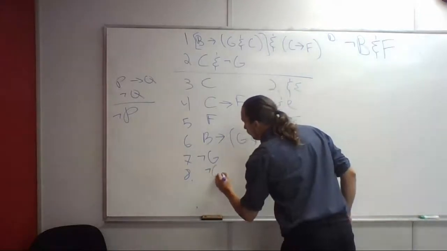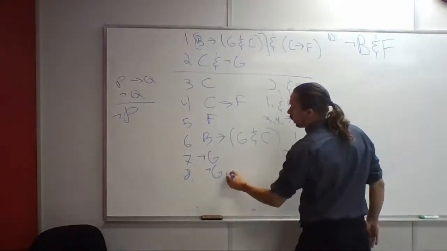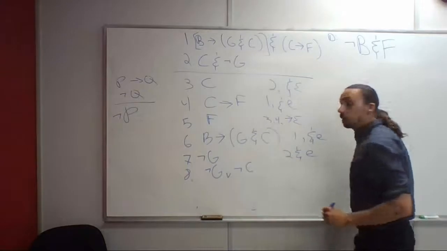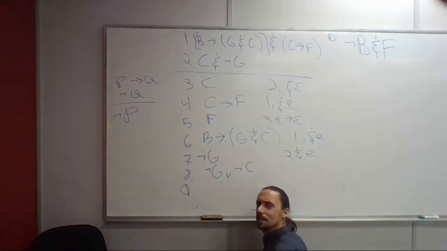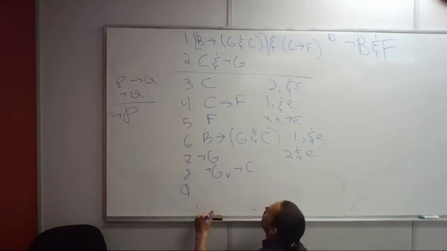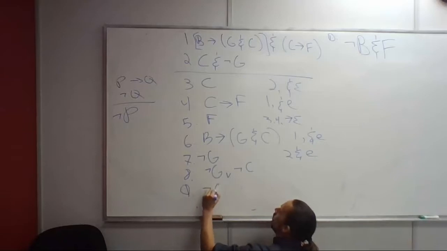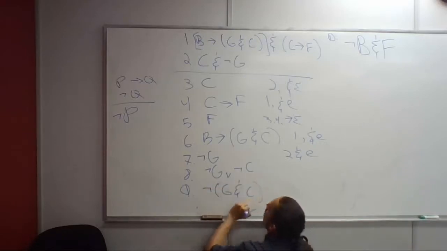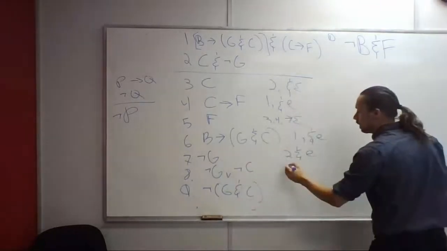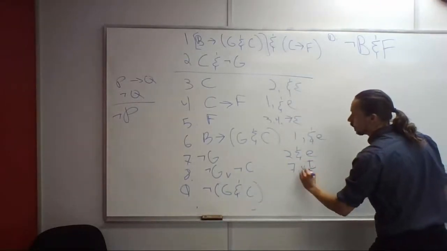So either not G or not C. Now if you remember De Morgan's law, what we have down here, is this actually less complicated than the conditional, than the negation? I don't know, doesn't matter. I get not the case that both G and C. So let's justify some of these rules here. This is 7, disjunction introduction.